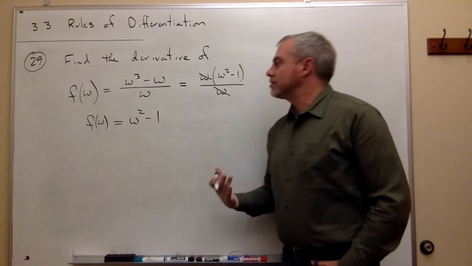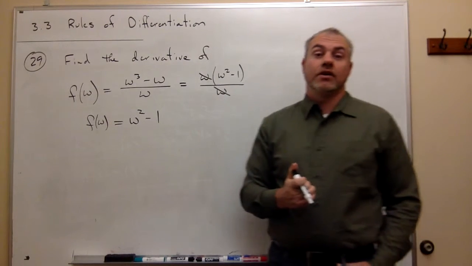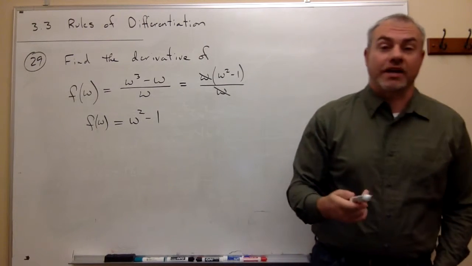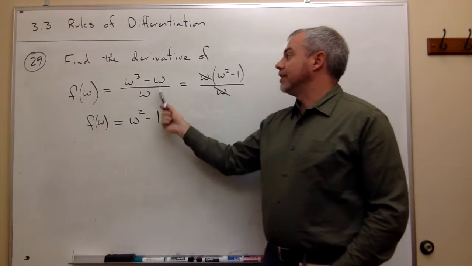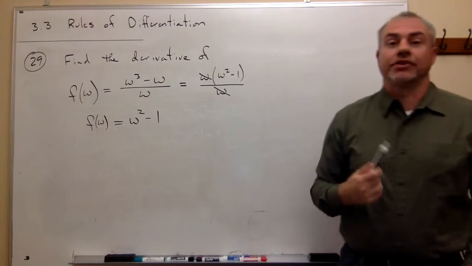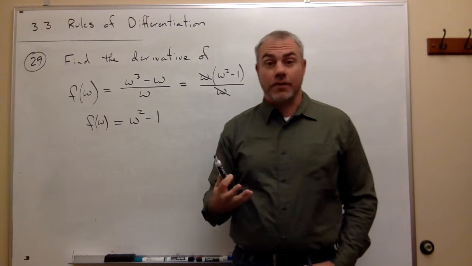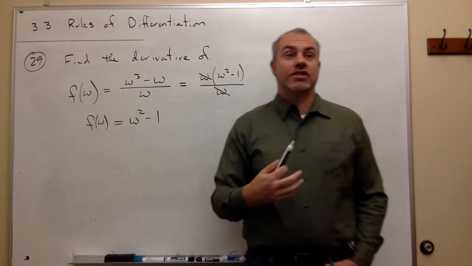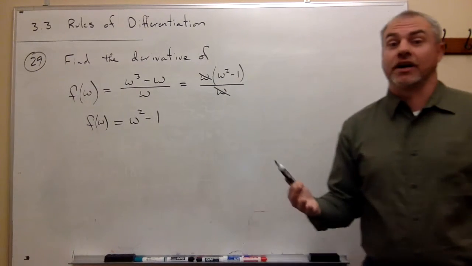Now, I think it's worth noting that if w is equal to 0, then this is kind of a mess. If w is equal to 0, then this thing is undefined. But I'm not going to worry so much about the derivative in a place where the function is undefined anyway. I'm just going to find the derivative at places where the function actually is defined.